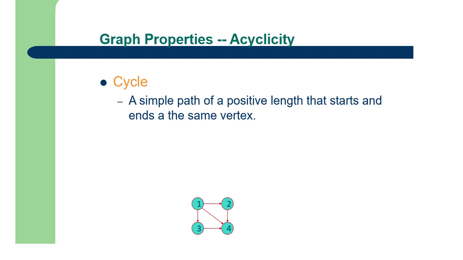A simple path of a positive length that starts and ends at the same vertex is called a cycle. We have written what is a path.